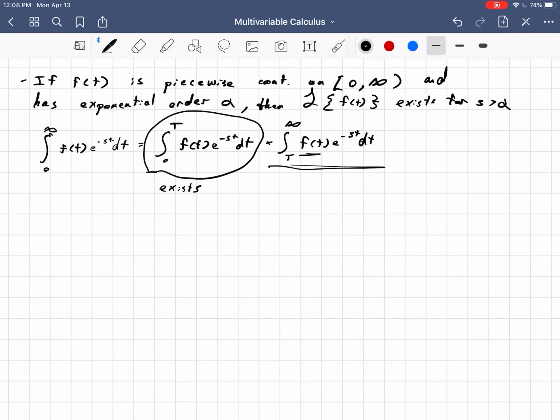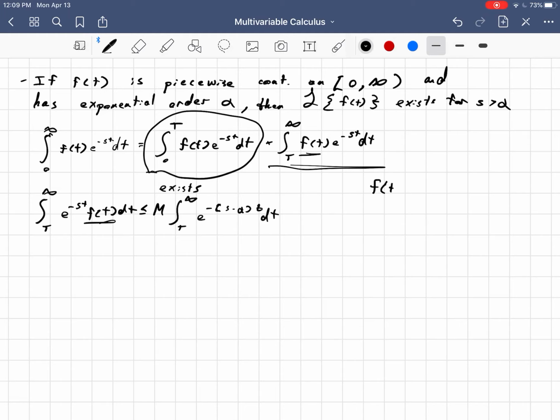Since we assume the function f of t has exponential order alpha, what we can say is that the integral from t to infinity of e to the negative st times f of t dt, by the definition of exponential order, has got to be less than m times the integral from t to infinity of e to the negative of s minus alpha t dt.